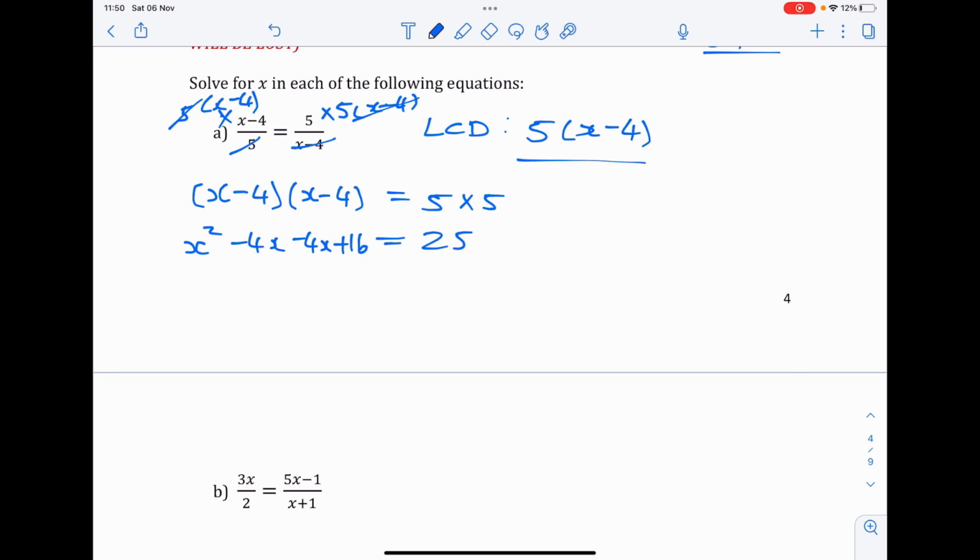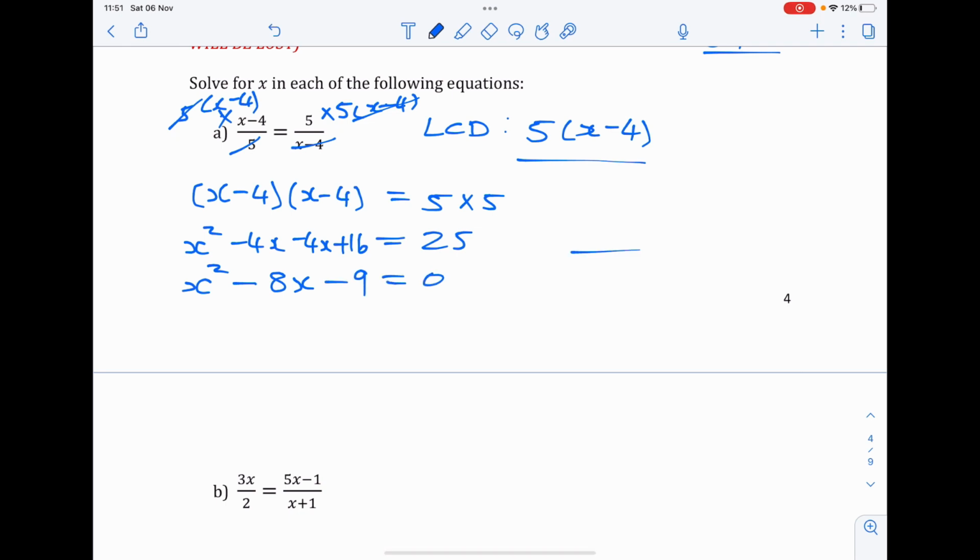Now we can see we're getting to a trinomial because I can see the squared, I can see x values, and I can see constant values, just numbers. So x squared minus 8x, and then I'm going to bring the 25 over. 16 minus 25, which is minus 9, equals 0.